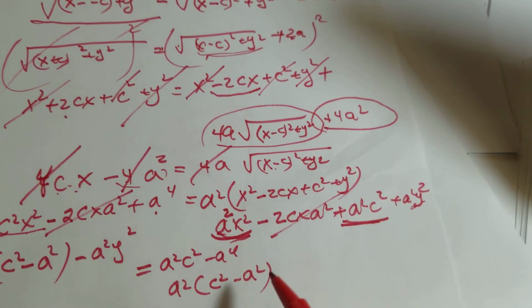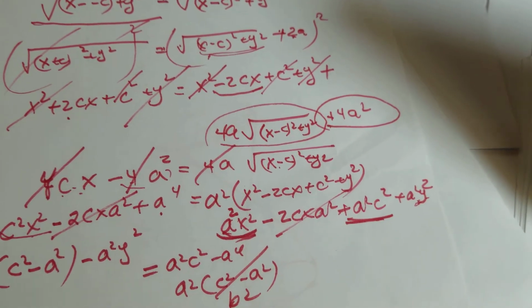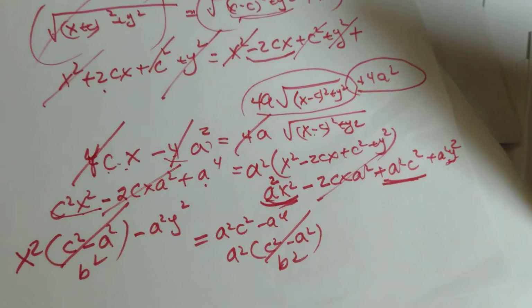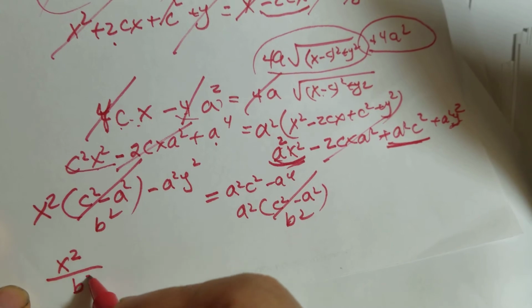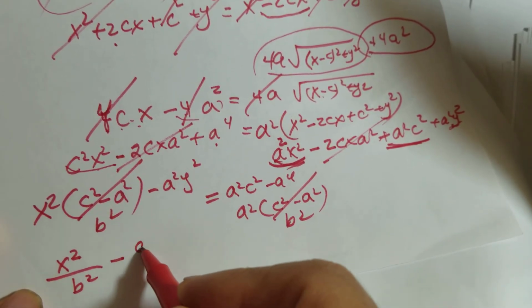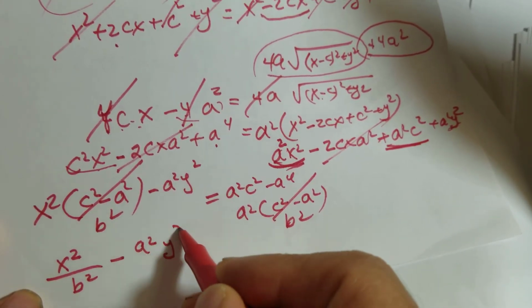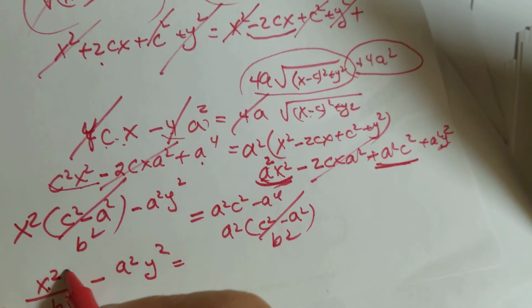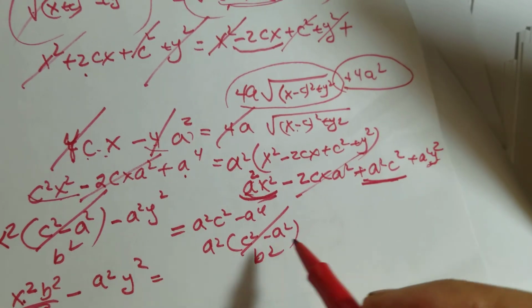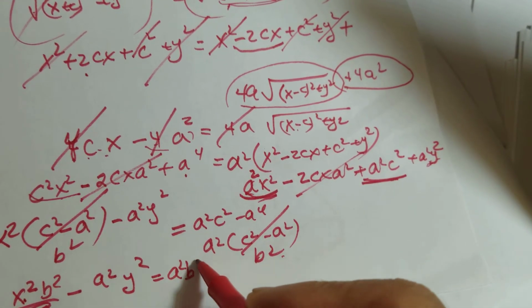Then in here, instead of that one, I put b squared. Here, I put b squared. What is left? x squared b squared minus a squared y squared equal to a squared b squared.